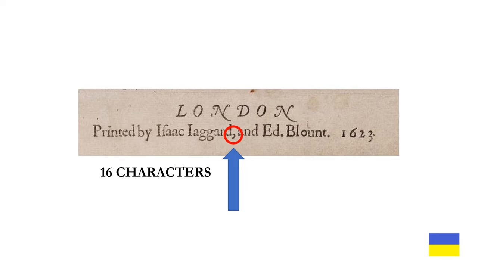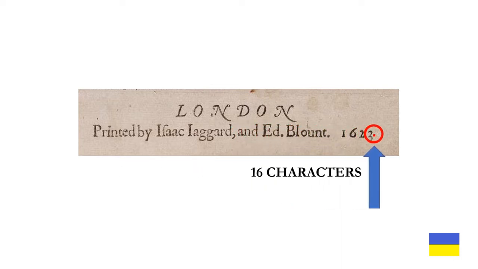And from the comma after "Jaggard," starting at the letter A, to the period after 1623, we also have 16 characters.